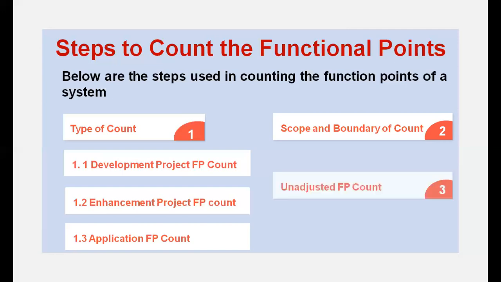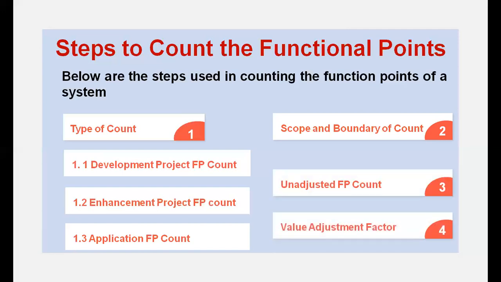Now the third step is unadjusted function point count. This is the main step of this process, where all the functional points produced from the above FPA components like external inputs, external outputs, internal logical files, external logical files, inquiries, are added together and labeled as an unadjusted functional point count.